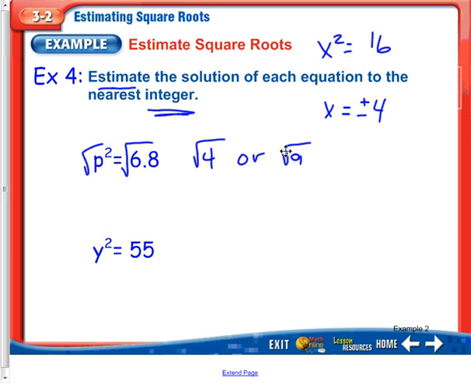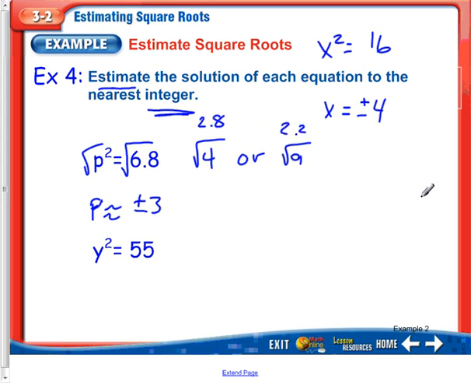So, you know, this is a really close one, but it is actually closer to the square root of 9. So I'm going to say that p is about equal to positive or negative 3. Because we show here that the difference between 4 and 6.8 is 2.8, and the difference between 9 and 6.8 is 2.2.